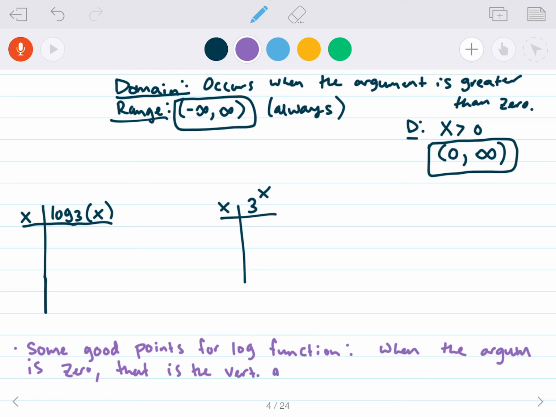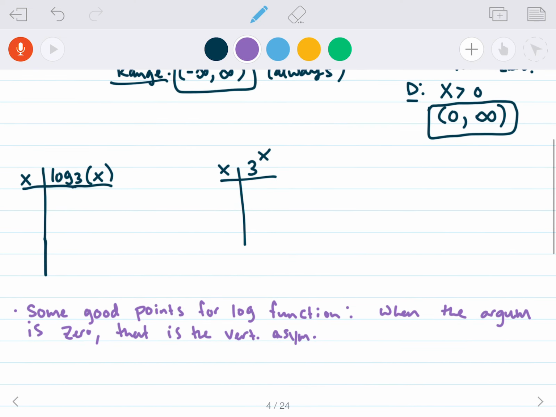So that's one important point here. So let's do that first. When x is equal to 0, that's where our function is undefined.